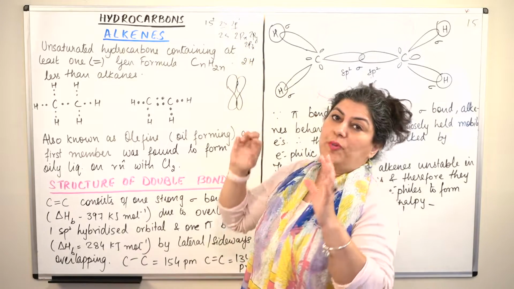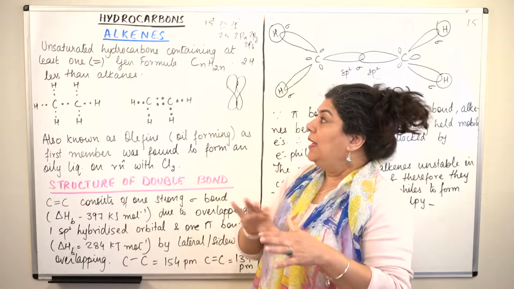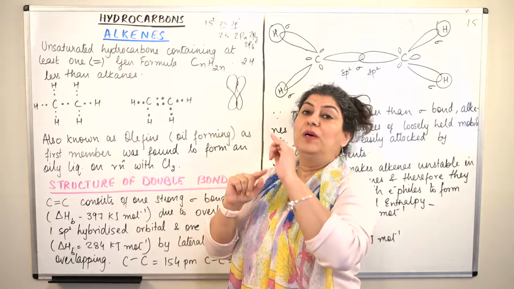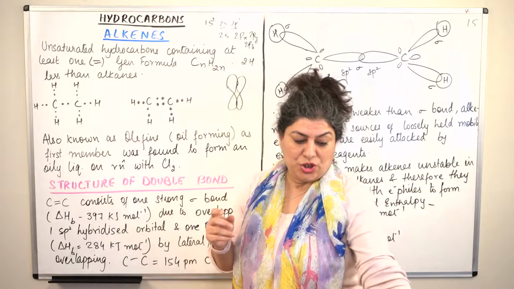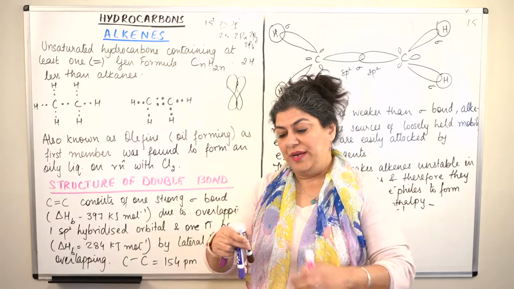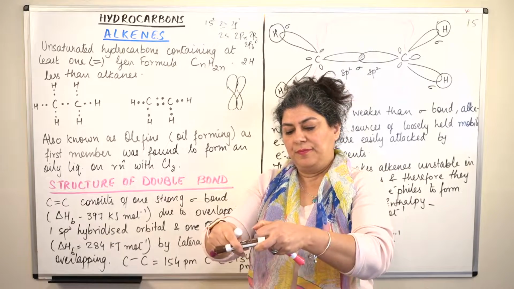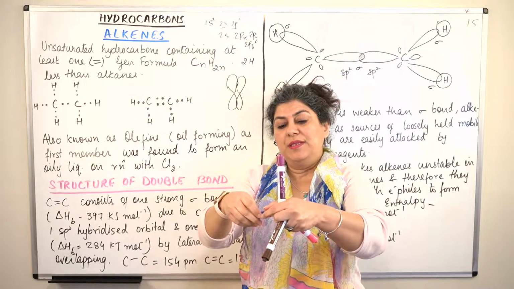One of the p orbitals does not participate in hybridization. Now, when you have four symmetrical hybridized orbitals, they occupy the four corners of a regular tetrahedron, the structure that I made and showed you, a tetrahedral arrangement like this, right? But in the case of alkenes, what happens?